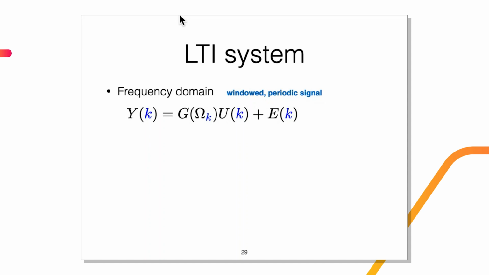So Y of k is the DFT of the output signal windowed, G of omega k is the transfer function evaluated at the DFT frequency k, and U of k is again the DFT of the input. This is true for periodic signals. That's the advantage of using periodic signals. You can simply say Y is equal to G times U, even for windowed signals, if the system is in steady state and you make sure that the window has the right size.